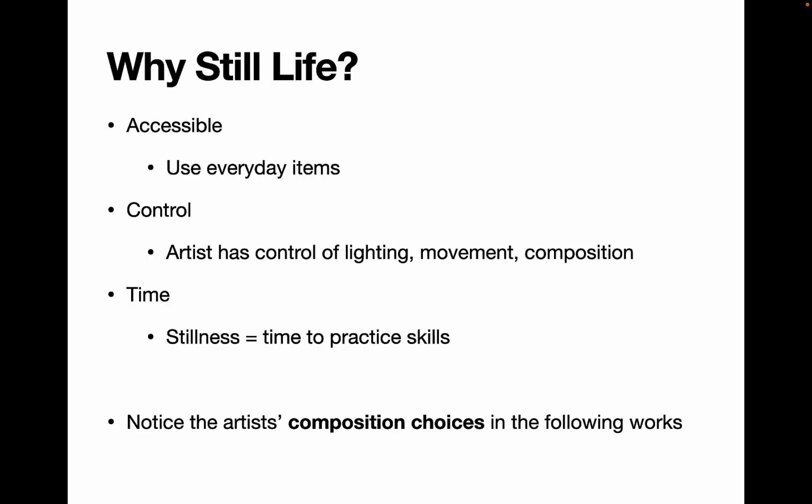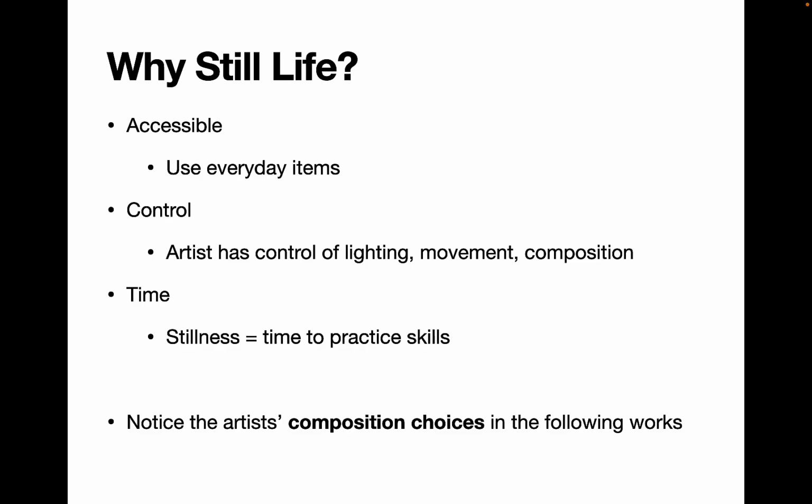So we're going to be working on still lifes. And there's a lot of important reasons why we work on still lifes. And the main one is that it's accessible. You can use everyday items from your kitchen, anything that you have, so you don't need to purchase anything. Also, you have control of the lighting.